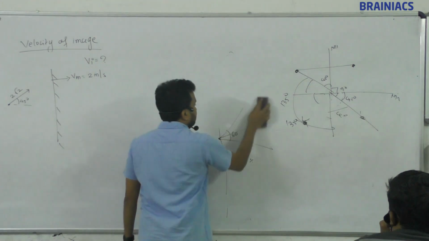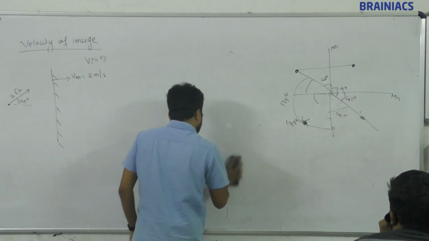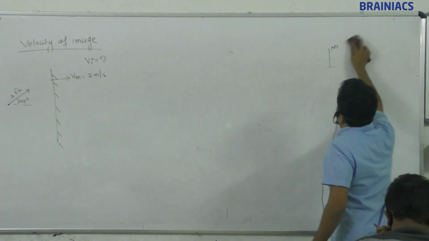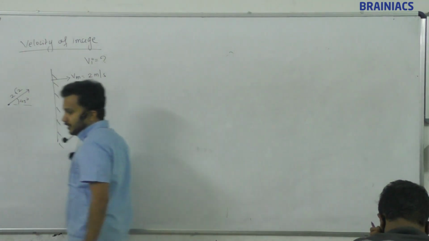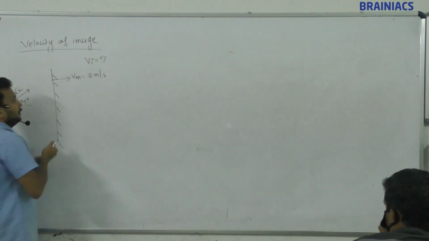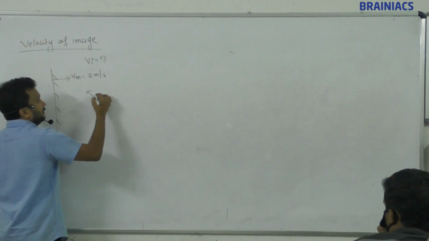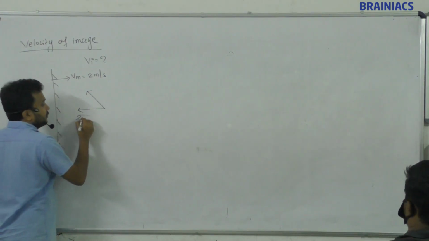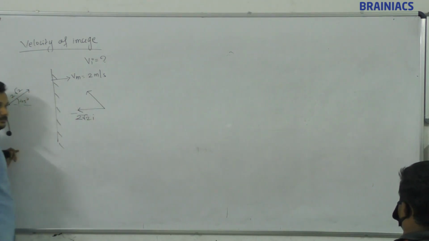So, got the answer to the question? Got it? What's the answer? 2 root 2 means in this direction. Okay, like this, how much? Okay, so I can write it as 2 root 2 I minus, correct?